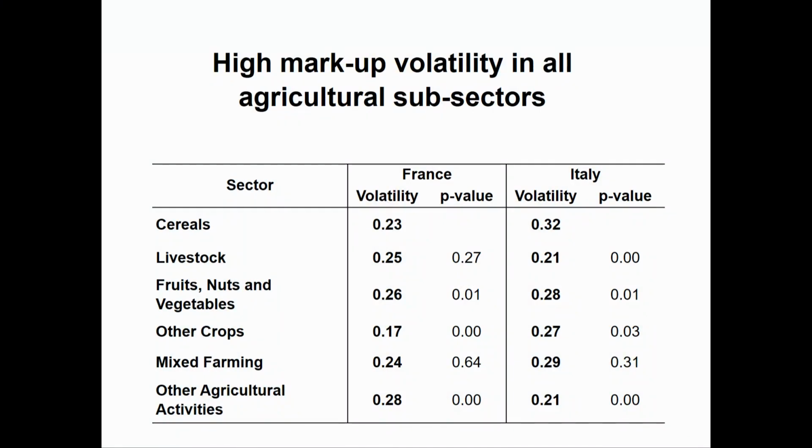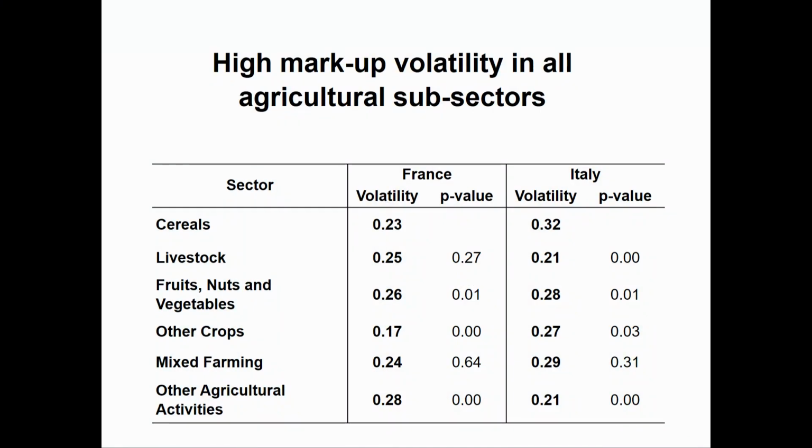And so what we find is that the volatility of these markups is indeed much higher in agriculture than in the other stages of the value chain. They're roughly 3 to 4 times as high in agriculture than in food processing, wholesale, and retail. Okay? What's interesting then, if we look at different subsectors of agriculture, we find not much difference there. So we find this high volatility in all the agricultural subsectors.